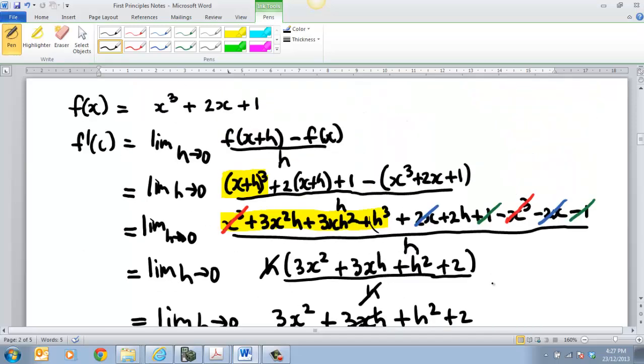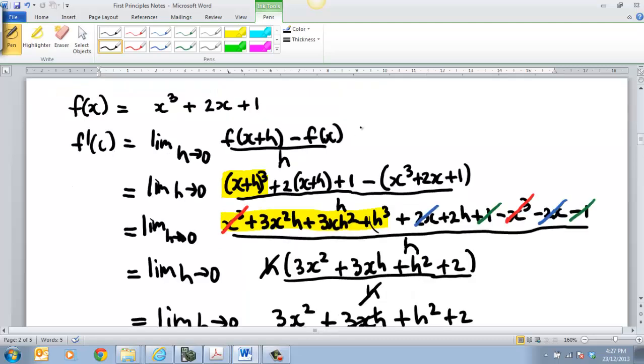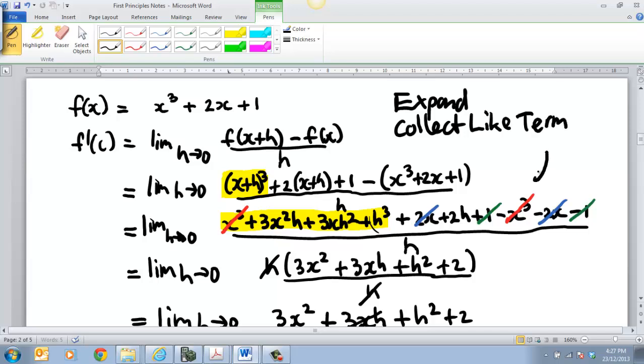Now, the steps that we're going through, right, we expand. Okay, the key step is we expand each term. We collect like terms. And remembering what we're trying to do at this stage here is have every term with an h in it.